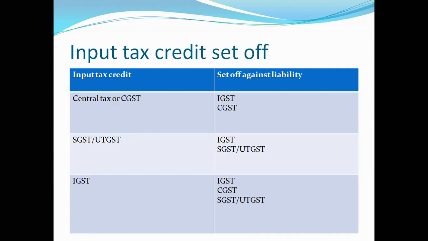The next is CGST, integrated goods and services tax and state goods and services tax. Then if you have a balance of state tax, you can pay off the tax liability of IGST and SGST. If you have a balance of IGST, you can pay off the liability against IGST and CGST, and everything remaining is SGST.